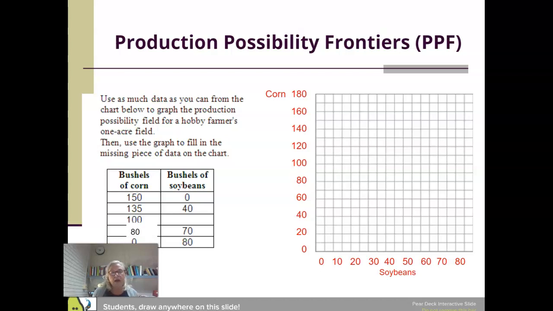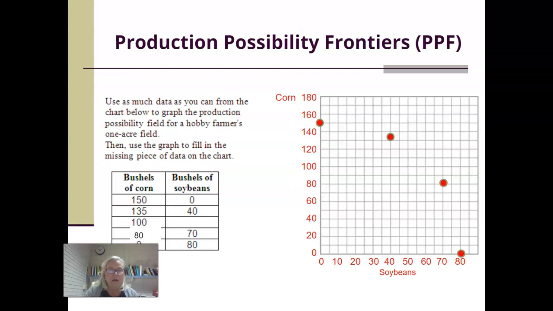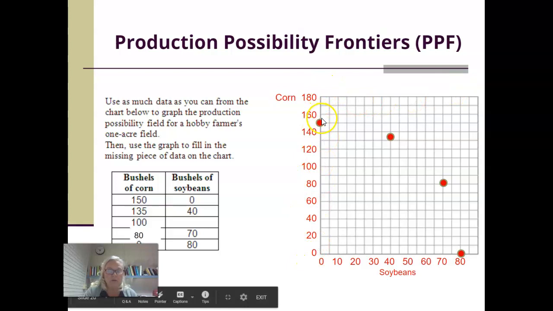Let's use the graph to fill in the production possibilities frontier. Now, if you don't have graph paper, that's okay. You can just estimate by hand how you want to do this. So if you have 150 bushels of corn, you're going to have 0 soybeans, and we see that marked here.